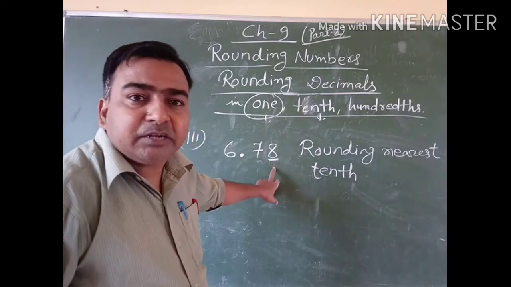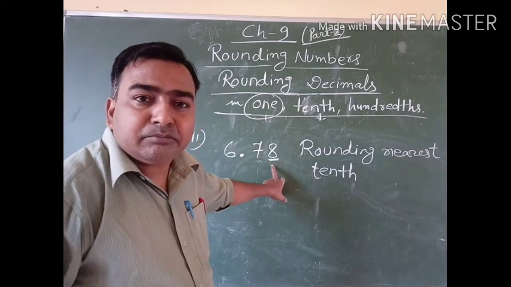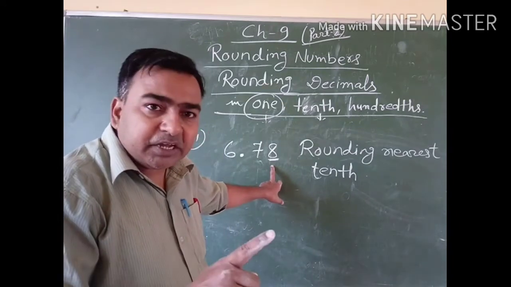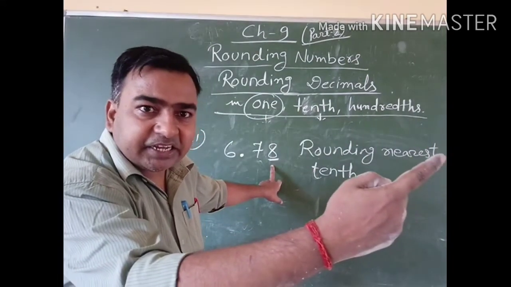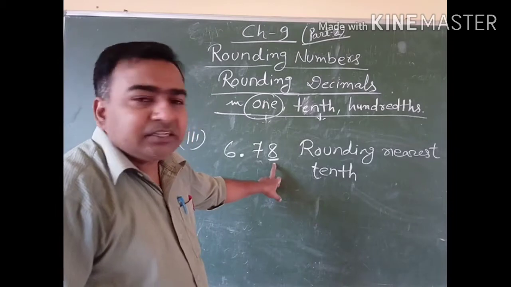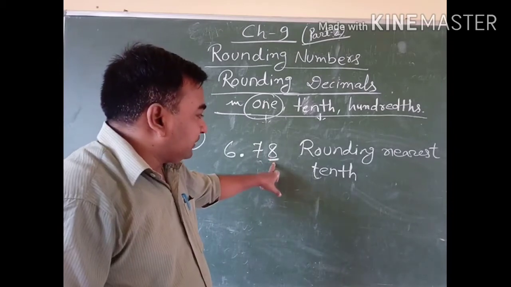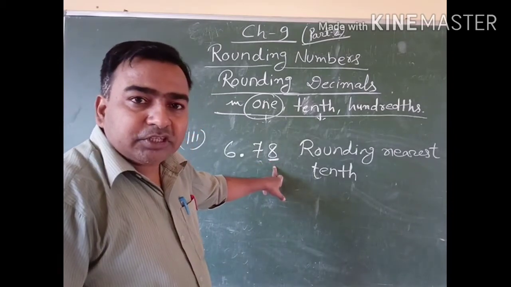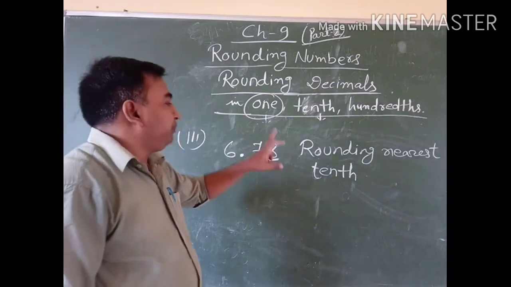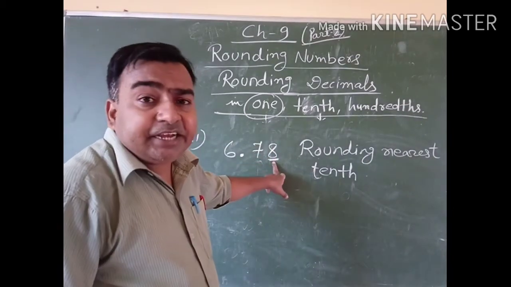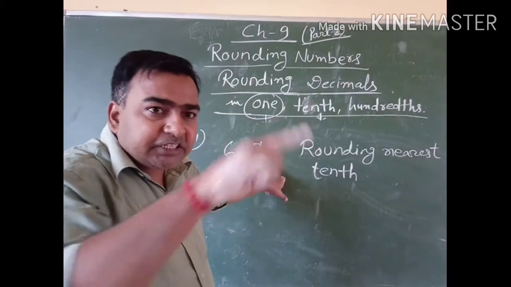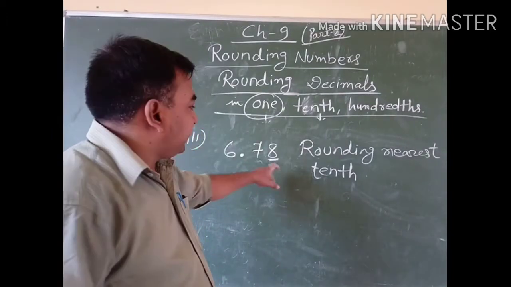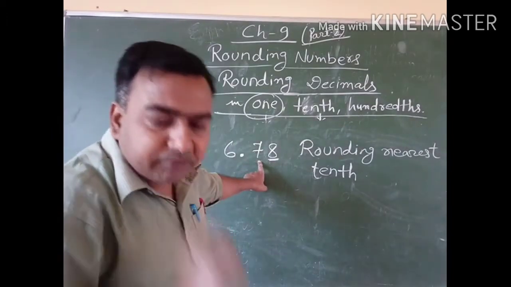The second decimal number 8 is more than 5, so we will go forward. आगे जाएंगे. When the second decimal number is more than 5, this 8 is replaced by 0 and we increase the 10th place number by 1.